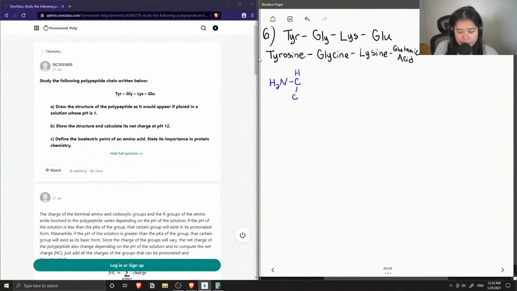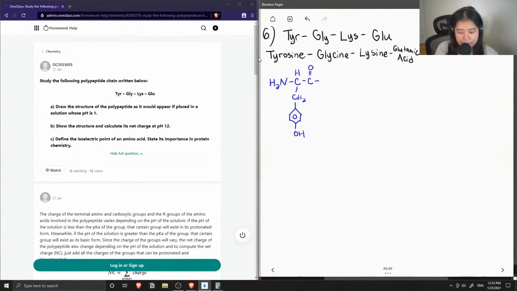So first I'll draw the R group for tyrosine. Tyrosine has this phenyl ring and also an alcohol group attached to it. And then I'll draw the rest of the amino acid, so I'll draw its carboxylic acid functionality.